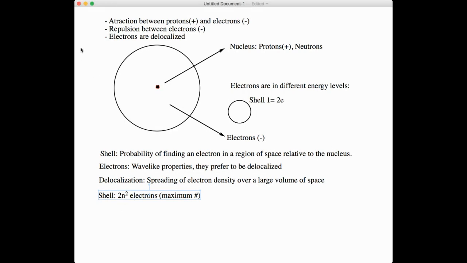So for shell number one, how many electrons can we expect to have in shell number one? 2 electrons, beautiful. Max, okay. Shell number two, how many electrons for shell number two? 8, beautiful.